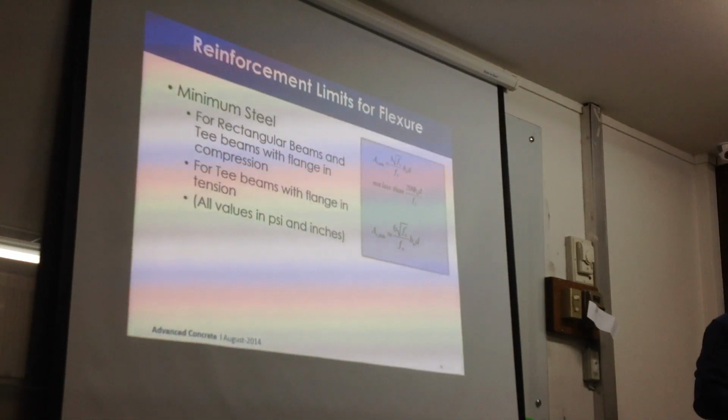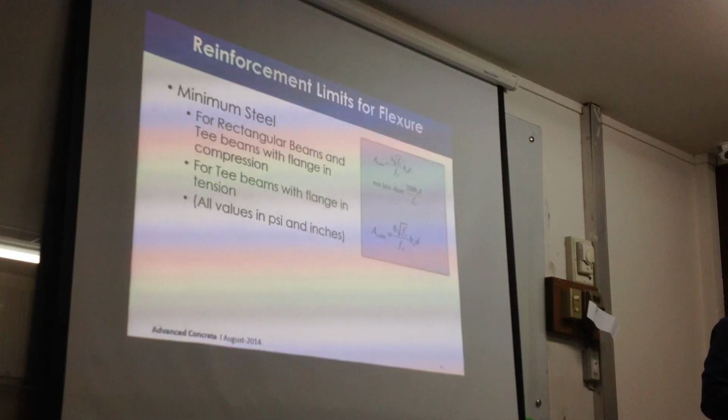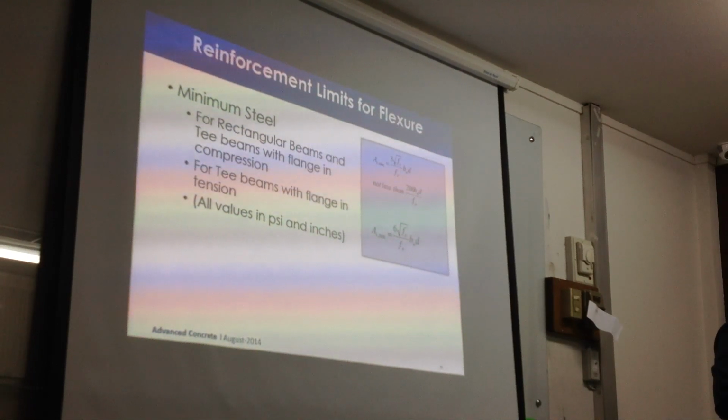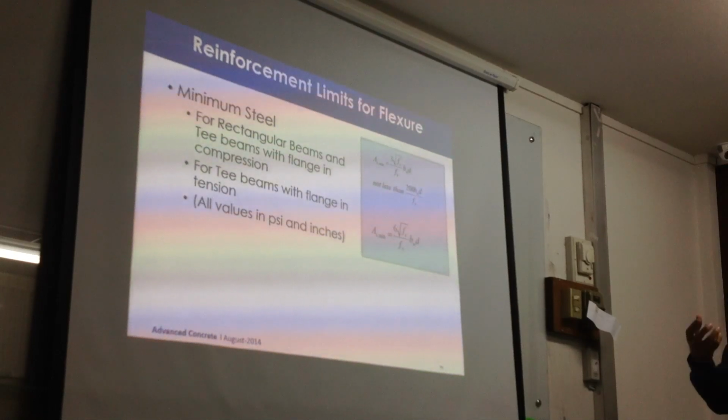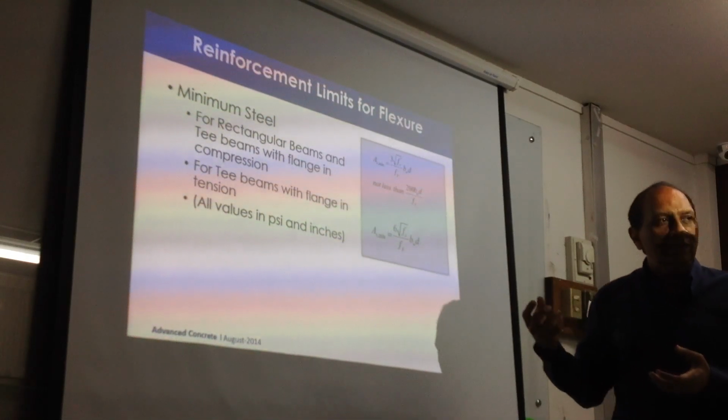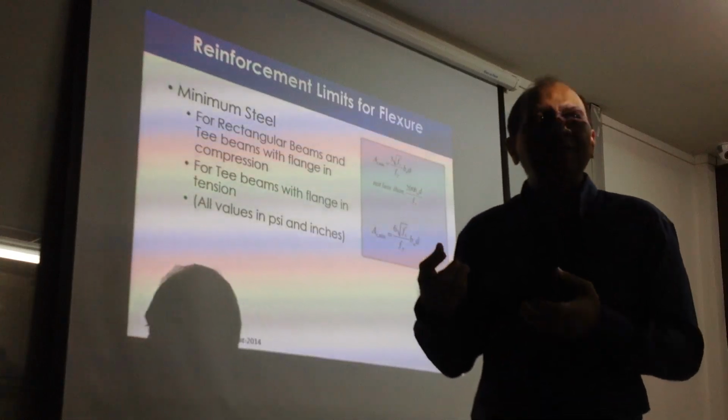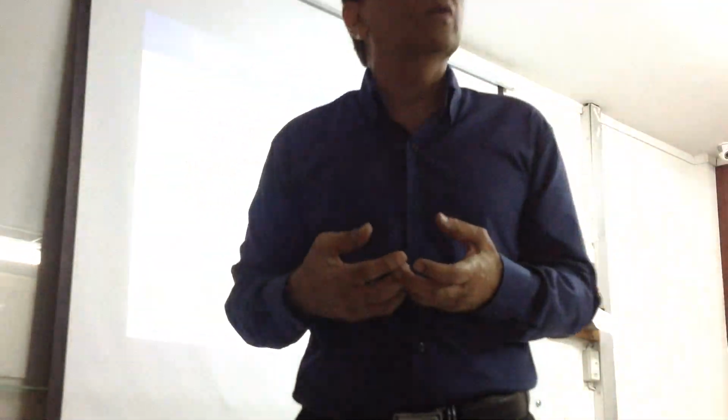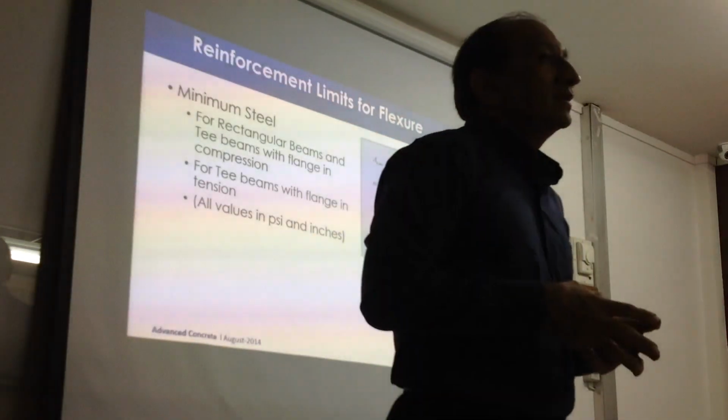They do that because in case of overload, the cracking moment capacity of the section is quite large. When you design concrete beams, what is the first assumption? We ignore the concrete tension capacity. We assume that concrete has no tension capacity, which is totally wrong. Concrete has a substantial tension capacity. Let's say your moment is 90.